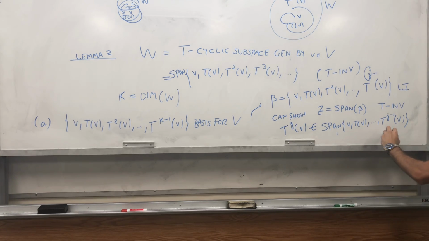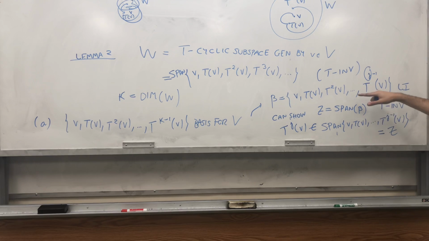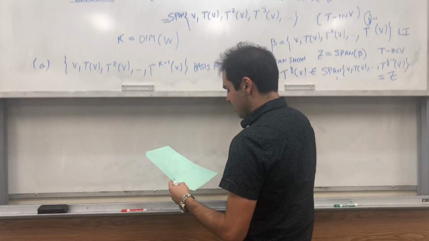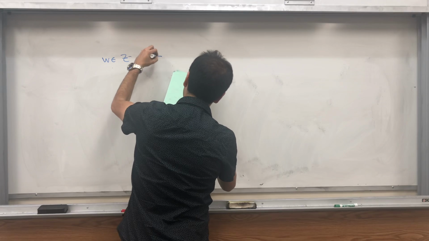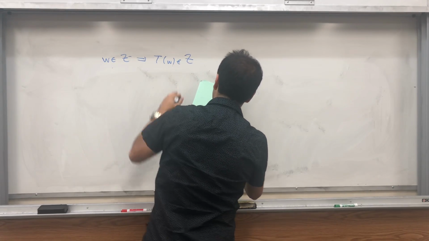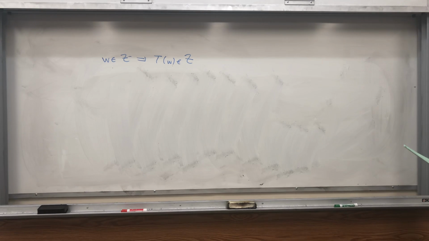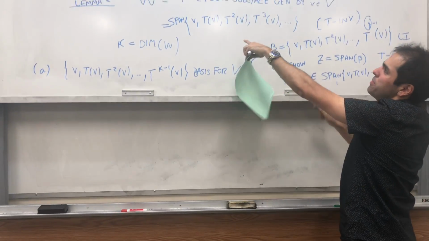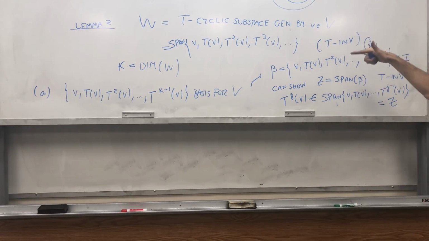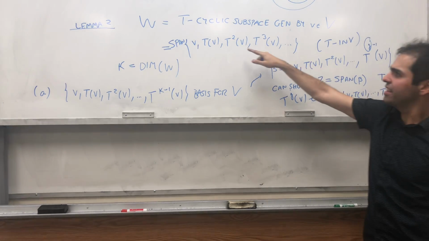And that's precisely Z. So you can use this fact that if you start with a vector in Z, a linear combination of those vectors, and you apply T to it, then T of that vector is still in Z. In other words, if w is in Z, then T of w is in Z. And in particular, remember, the T-cyclic subspace is the smallest invariant subspace that contains v.